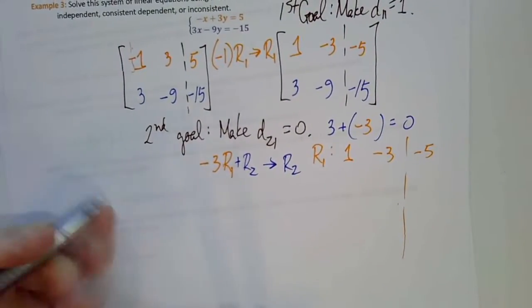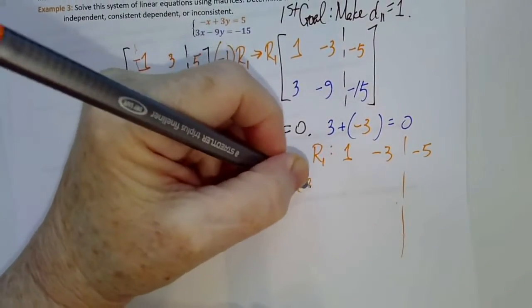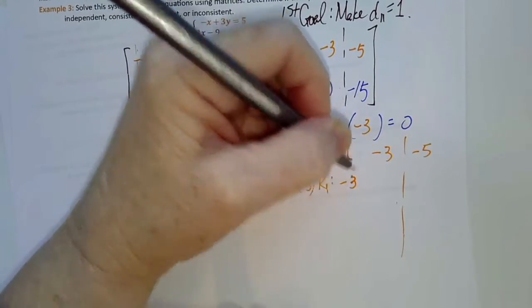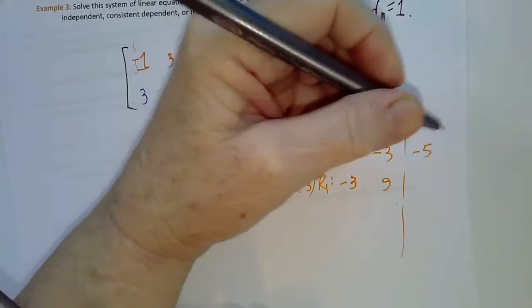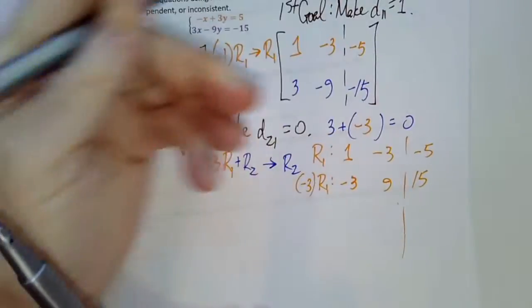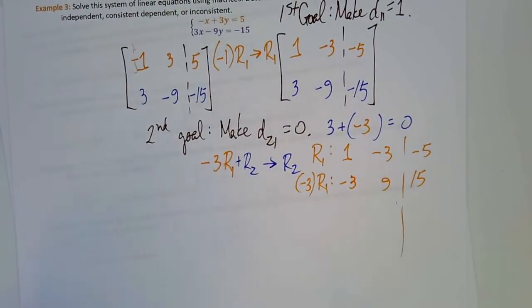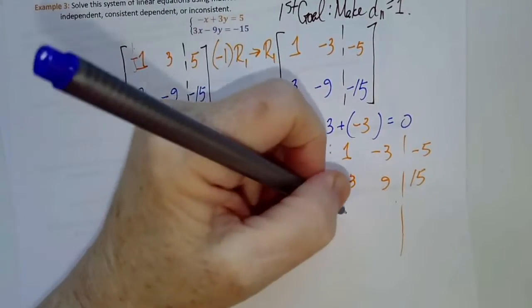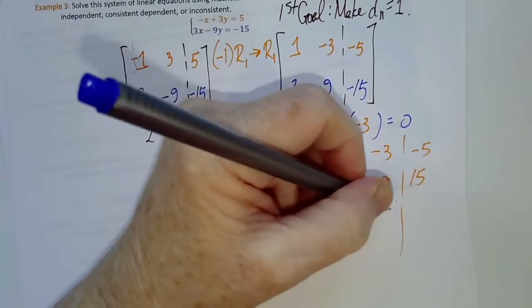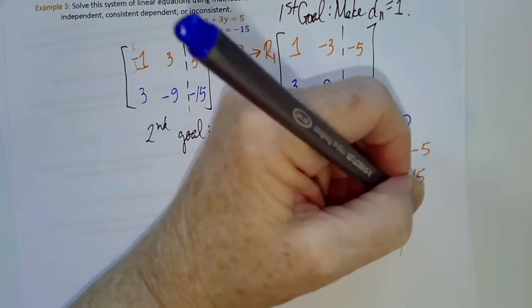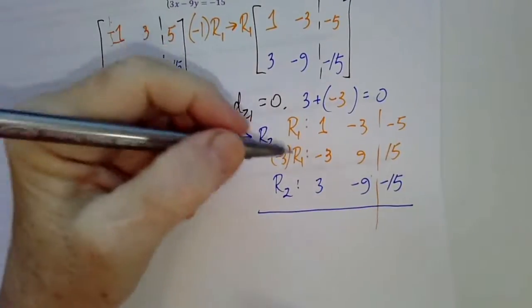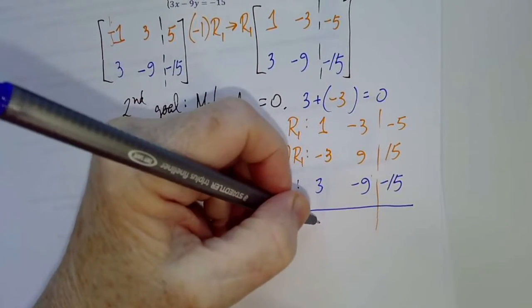If we multiply that row by negative 3, we get negative 3, positive 9, positive 15. Now let's write down row 2. Row 2 is currently positive 3, negative 9, negative 15. When we add the second and third rows, let's say 3 minus 3 is 0.